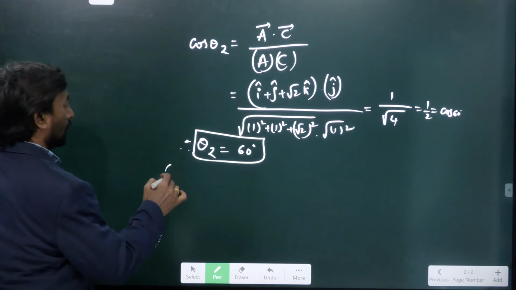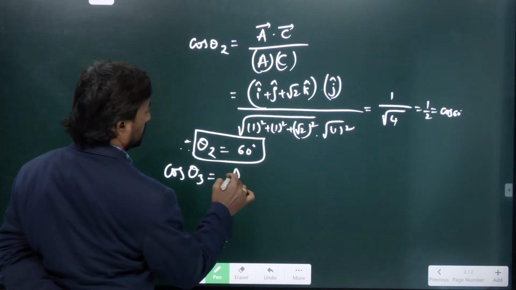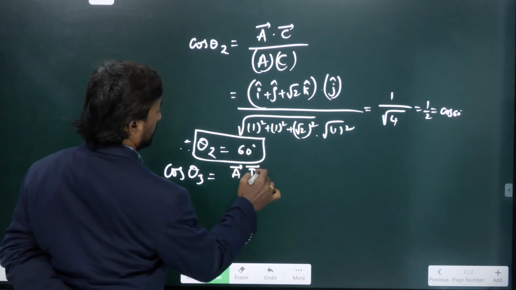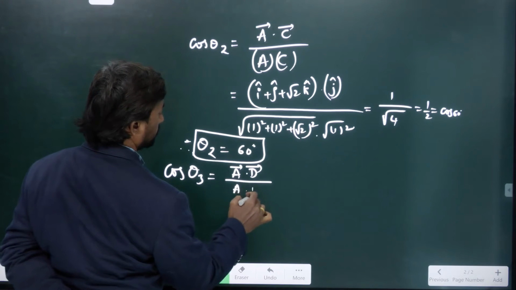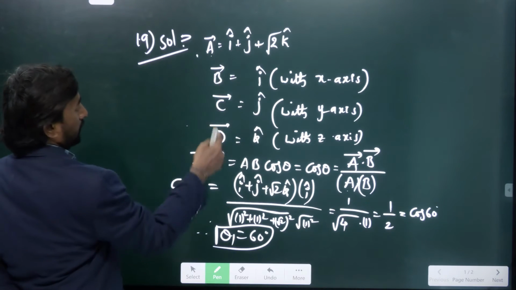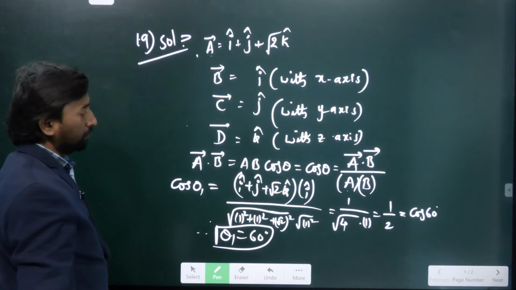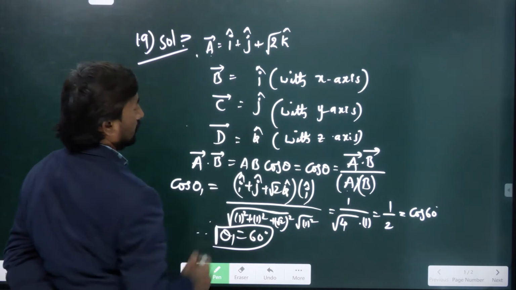Similarly, now cos theta 3, that is a bar dot d bar divided by a into d. A vector is i cap plus j cap plus root 2 k cap, and d bar is k cap.